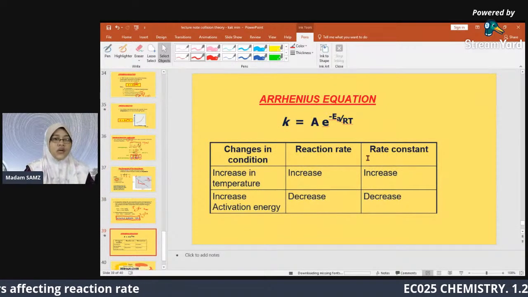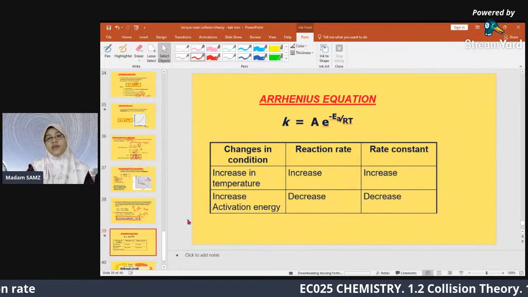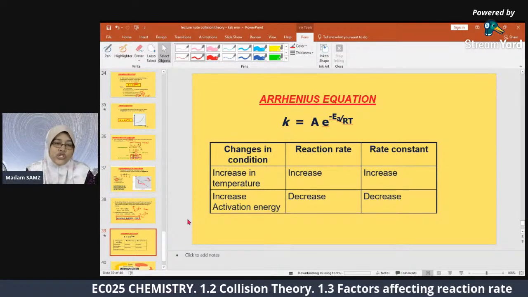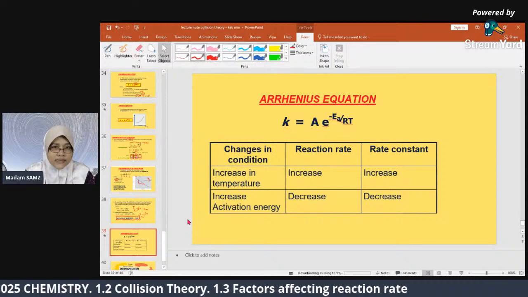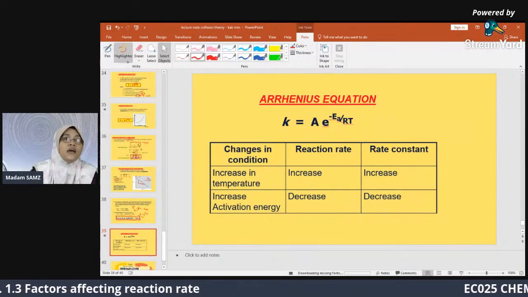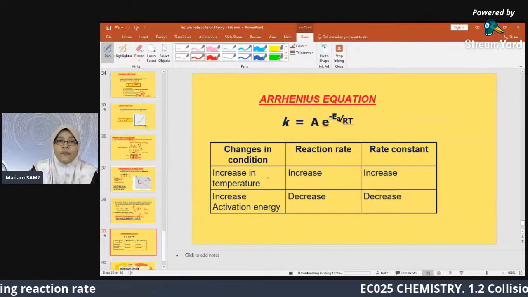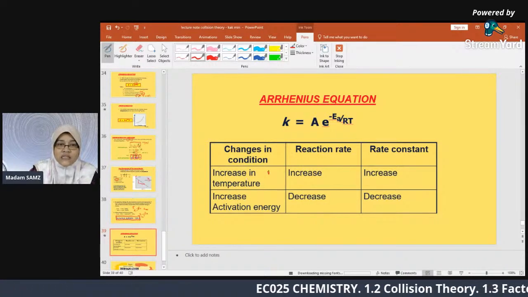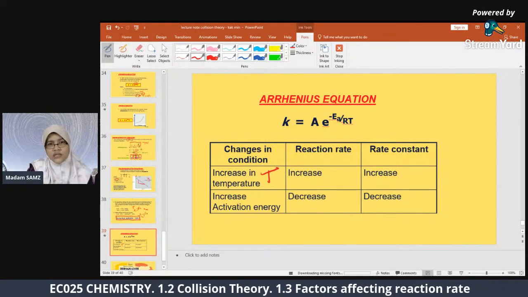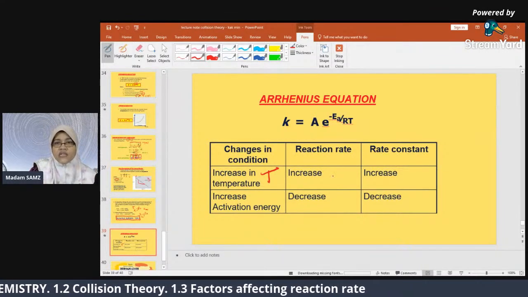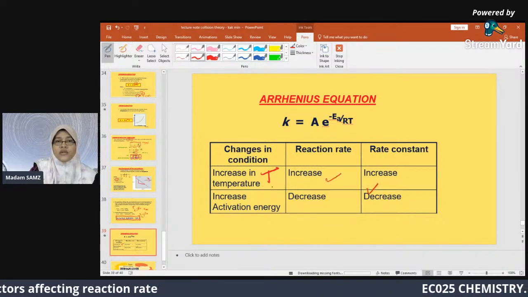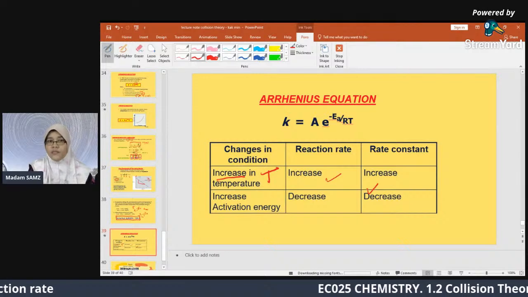Alright. So the last one, okay. Ini adalah relations between temperature and activation energy towards, if you looking at the Arrhenius equations. So here, temperature, when you increase the temperature, okay, kinetic energy increase, the collision increase, the reaction rate increase, okay. So everything here is also increased when you increase the temperature.